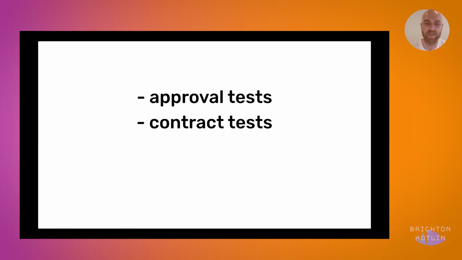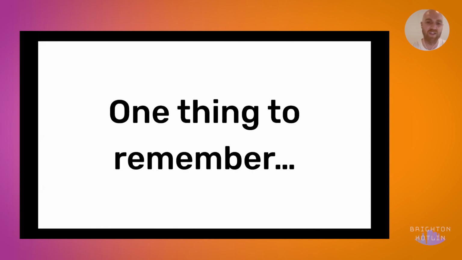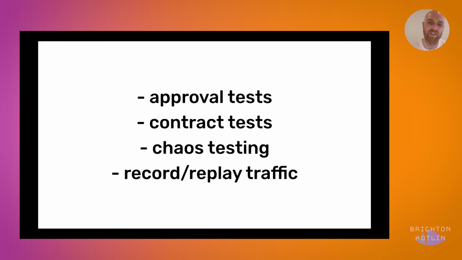Then because of this and because of the design of Httpk, its simplicity, it makes it easy to do contract tests by recording traffic from external services and so on. Then because everything is a function, the whole concept makes it easier to do chaos testing. You can record and replay traffic and so on.